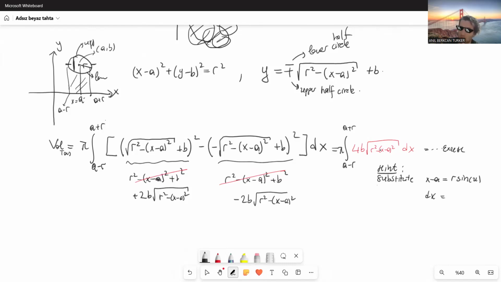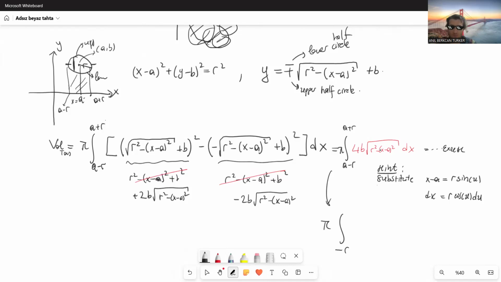Now dx will be, r is a constant, r cosine u du. And also change the boundaries. When x is equal to a minus r, it will be minus r, right? When you put this here, not so much.